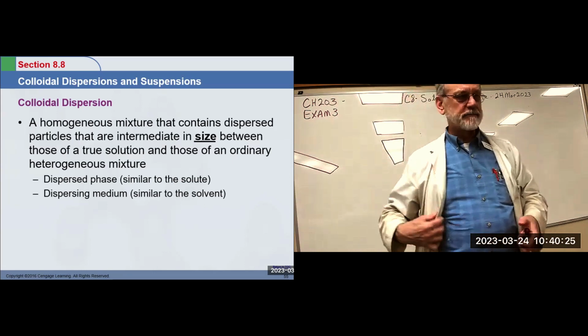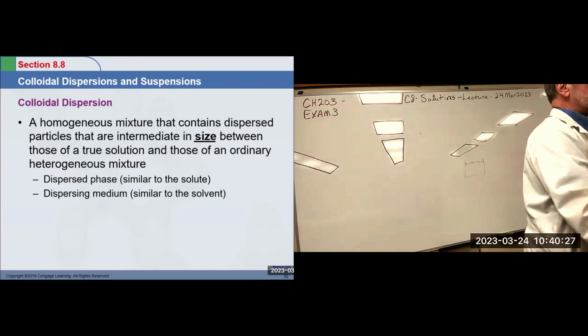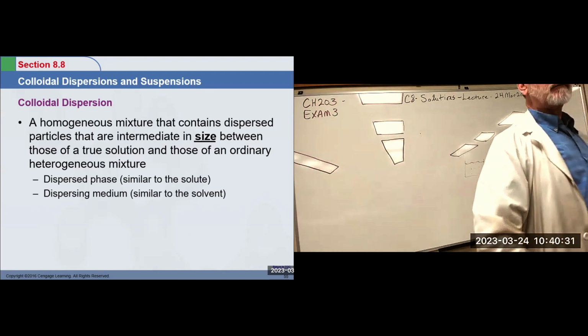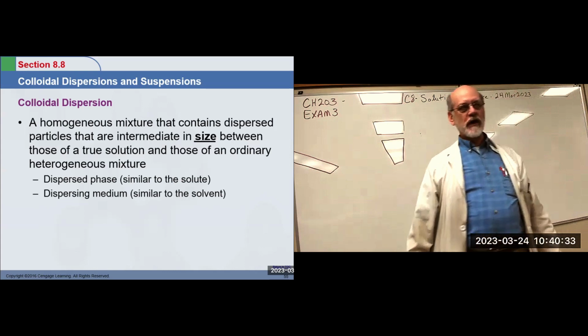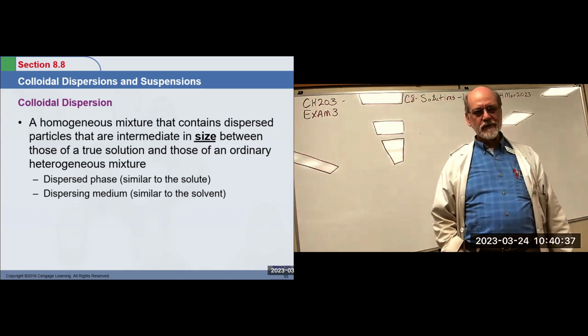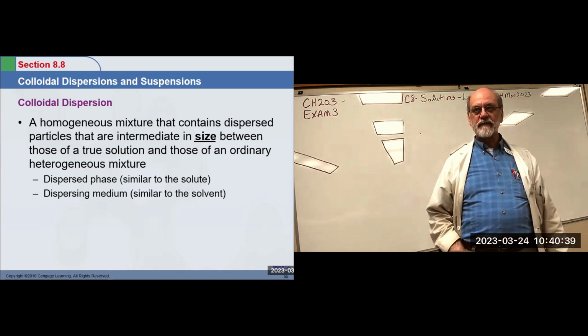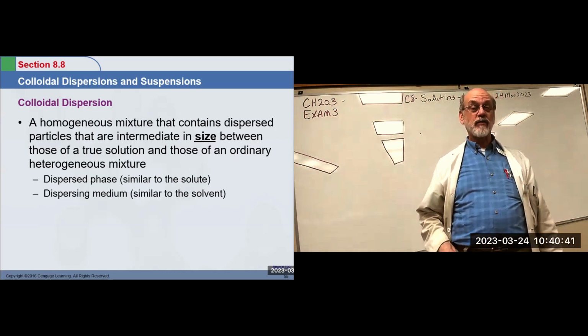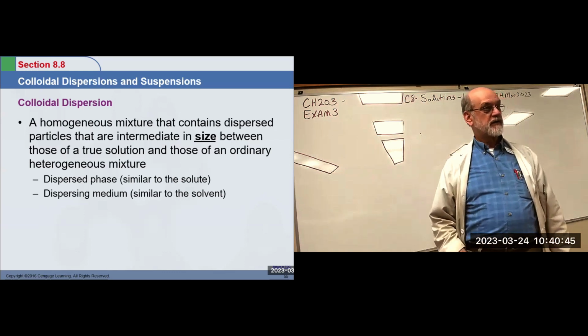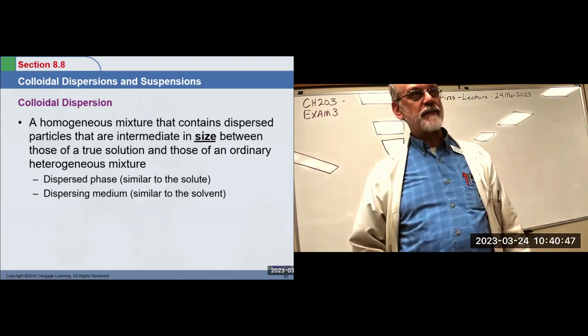That's a colloid. Let's see, examples of a colloid. You like Jell-O? Jell-O is a colloid. There are other types that are not so desirable, like smog. Smog is a colloid of smoke and fog together in the atmosphere.